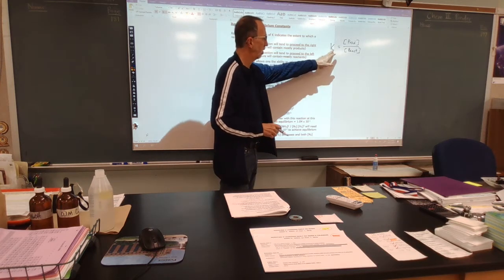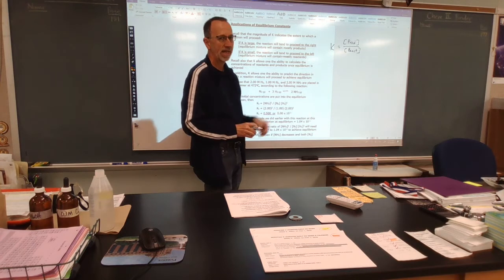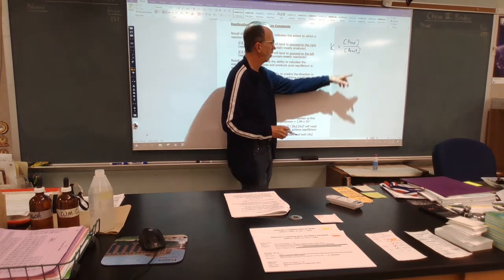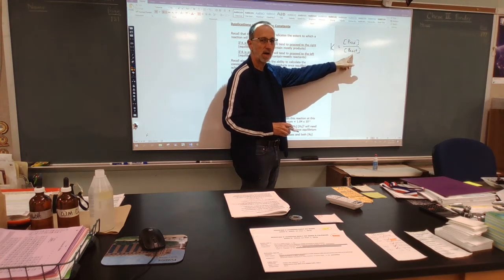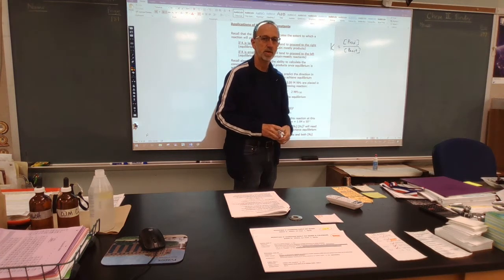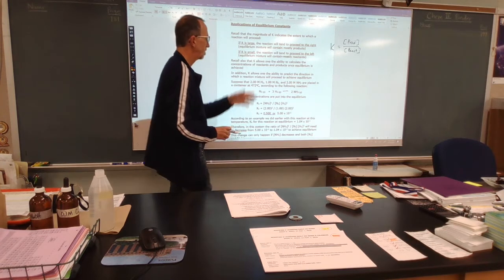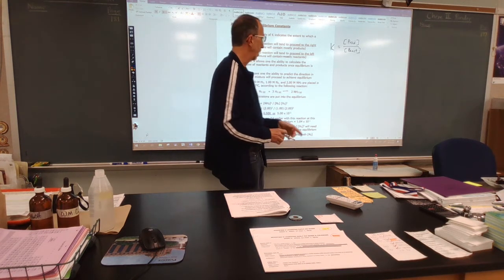If this value is large, the reaction tends to proceed to the right. What that's saying is that since the number up here must be a bit larger than the number down here, we must have more products at equilibrium. So the reaction tends to proceed to the right or favor the products.